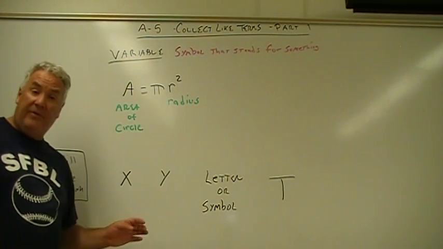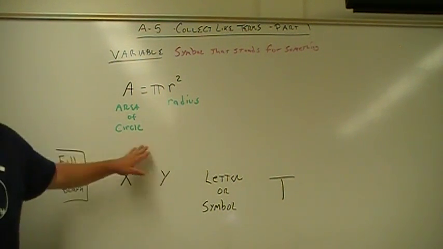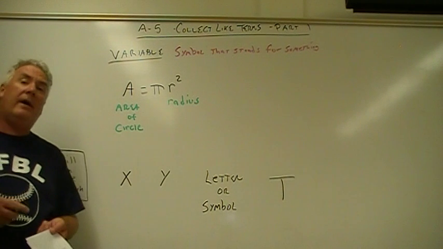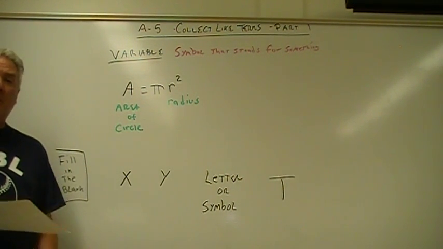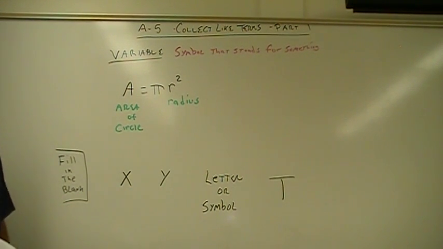Now we're going to do some of the fill in the blanks at the bottom of the page. In algebra, we tend to use x and y. Later on this year, we're going to do systems of equations, where we have multiple equations and multiple variables. We tend to use x and y for that.